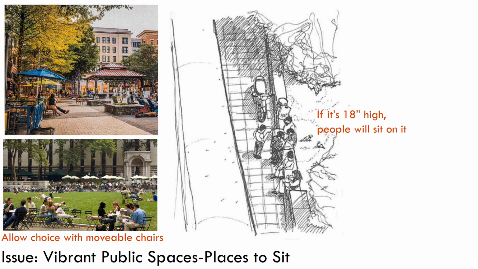But very wonderful public spaces either have movable chairs like we see in Bryant Park here, or there is a plethora of 18-inch high walls, planters, surfaces, because a truism in urban design is, if it's 18 inches high, people will sit on it.